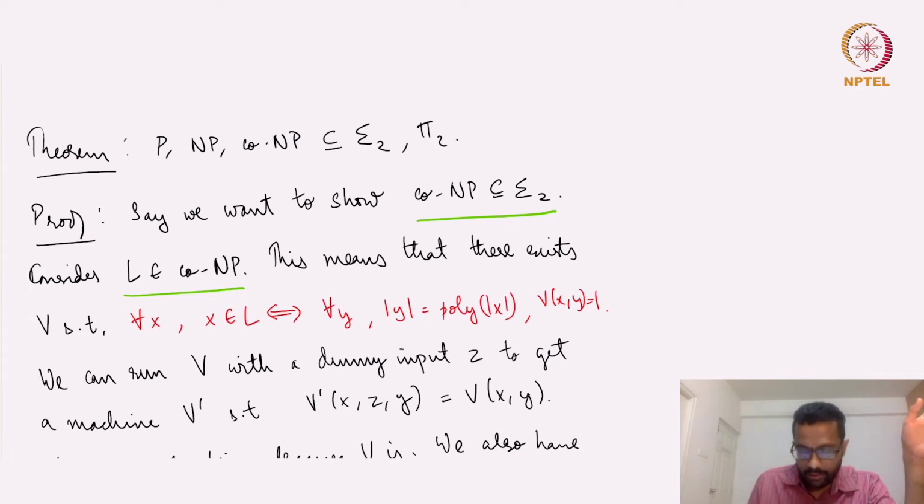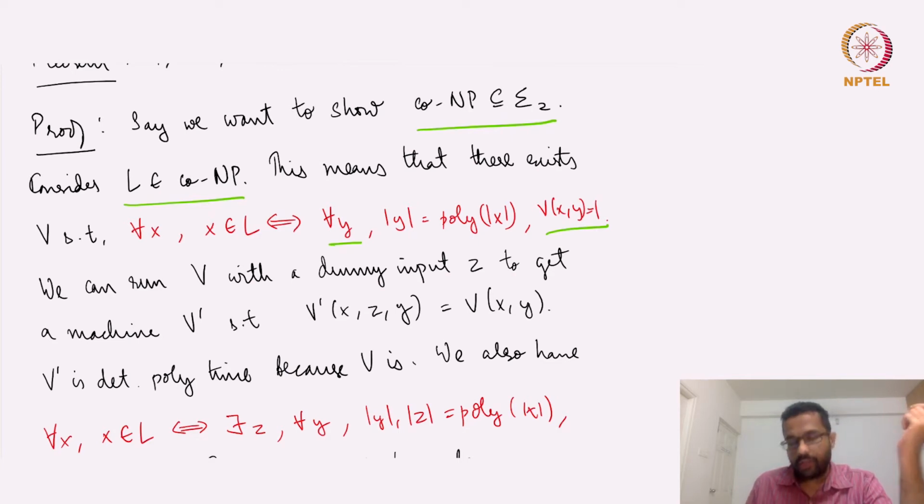There should be a verifier such that x is in L if and only if for all y it accepts. So even if one y does not accept, then x should not be in L, right?